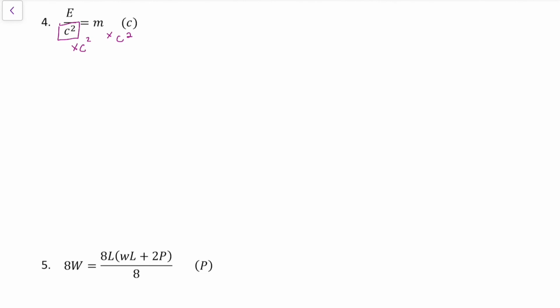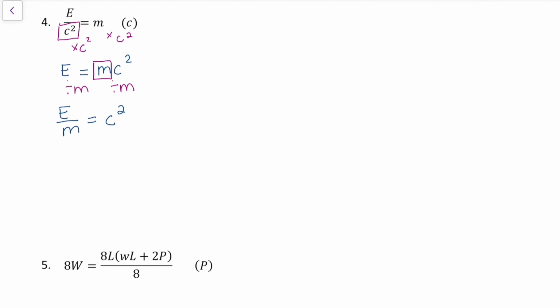So on this side, I end up with just an e. And on the right-hand side, I end up with mc squared. Now I can work at getting rid of this m to work on getting the c by itself. So I'm going to divide both sides by m. So on this side, I end up with e over m equals c squared.